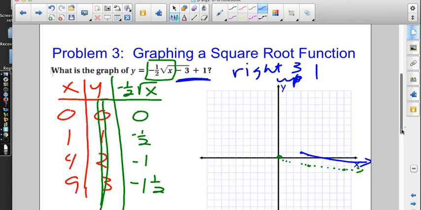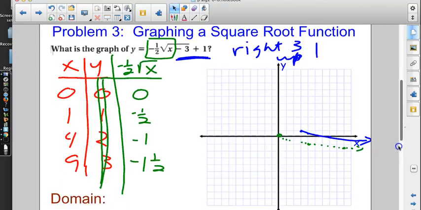So it's really important that those numbers of 0, 0, 1, 1, 4, 2, 9, 3 come to you very quickly, because then this isn't going to take long at all once you have those. It's just a matter of counting to get it to its new position.